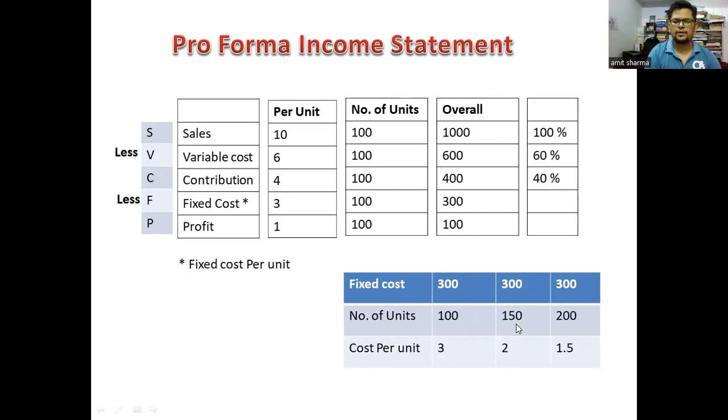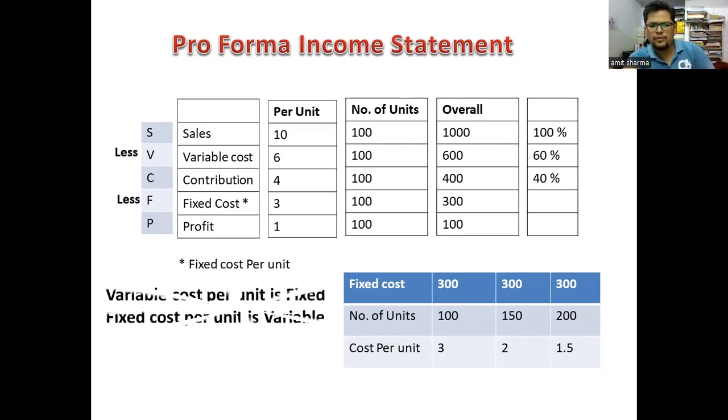Suppose the number of units is 150, then in that case the fixed cost per unit will reduce to 2 rupees from 3. And if the production is twice the previous level, that was 100, then in that case the cost will be 1.5 rupees per unit. So you can see that the fixed cost per unit is variable and the variable cost per unit is fixed.